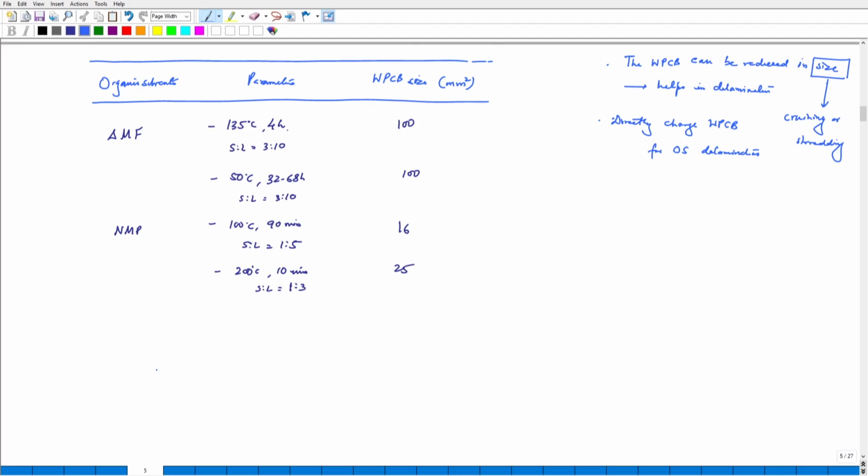If we write for DMA, or somebody might write DMAC as well, basically dimethyl acetamide, 60 degrees Celsius, nearly 420 minutes, S by L of 1:3, or 140 degrees Celsius, 180 minutes, S by L of 1:3.